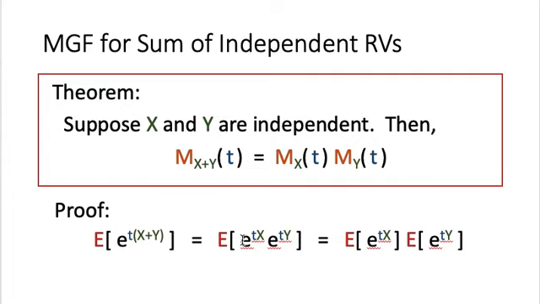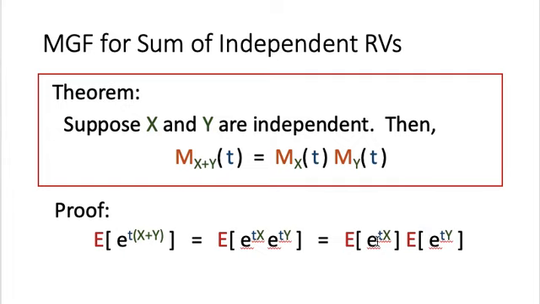So e^(tX) and e^(tY) are also independent. Because they are independent, the expected value of the product of these two independent random variables is just the product of the individual expected values.